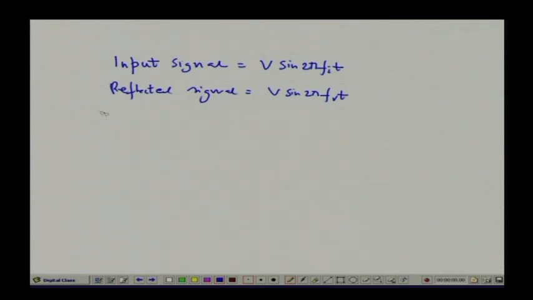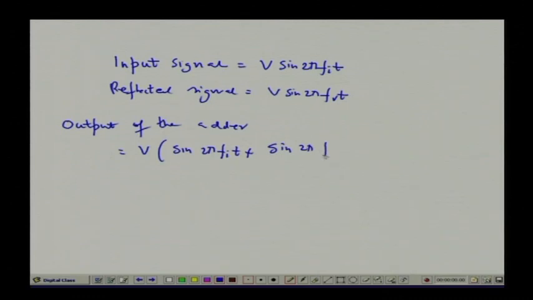So, the output of the adder is equal to V sin 2 pi Fi t plus sin 2 pi Fr t, right.